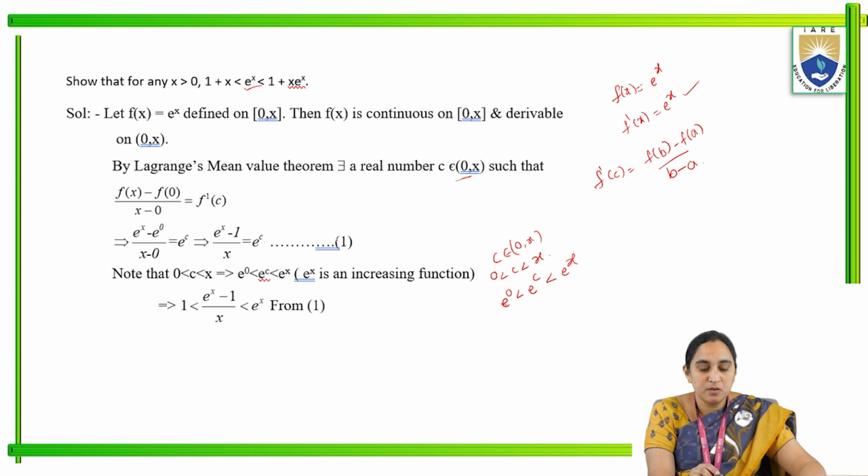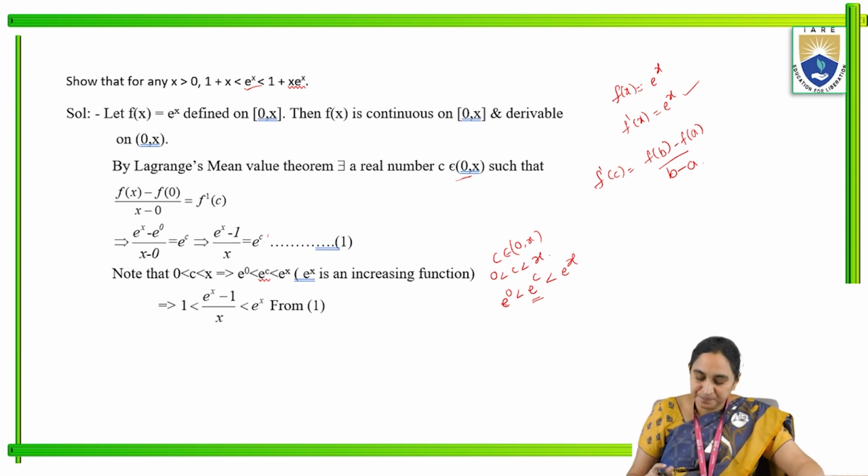Observe the first equation: e power x minus 1 by x is equal to e power c. Now I am substituting that in the given condition, that is e power 0 less than e power c less than e power x. From that, 1 less than e power x minus 1 by x less than e power x.